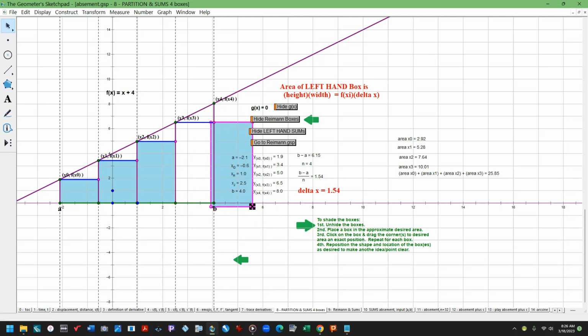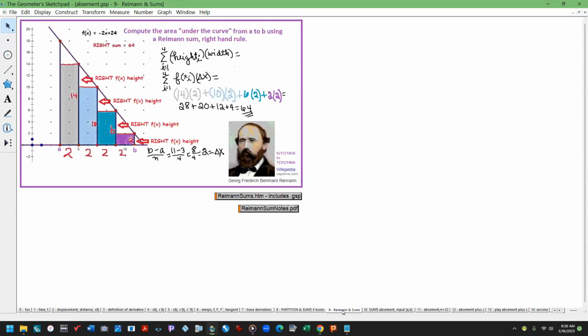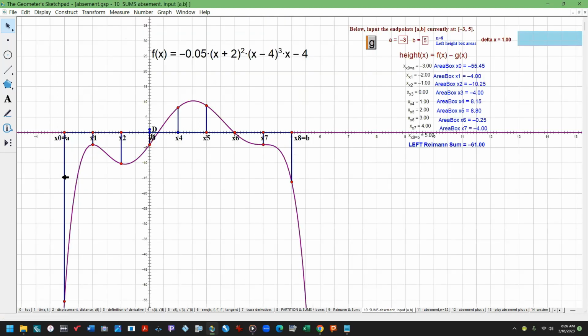But I don't do this very successfully all the time. That's the best I can do. And if you wanted a right-hand sum, the picture's already drawn for you. In this case, to find the areas under the curve, I'm only using left-hand sums. That's what I'm using for the rest of the sketch pad.